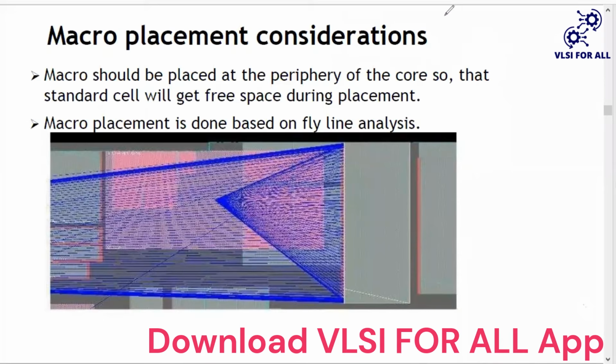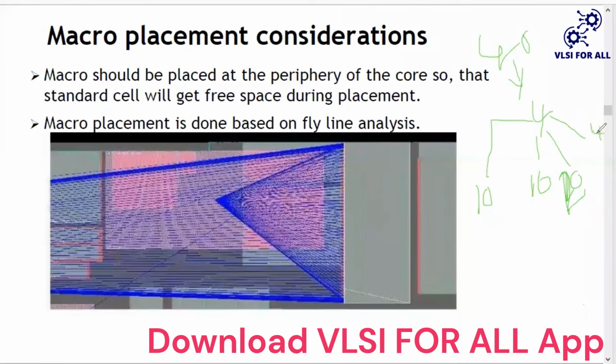Let me go ahead here. 40 macros are there, and in these 40 macros, 4 groups of macros. One group has 10 macros, one group 16 macros, one group 20, and the next group will be 4.